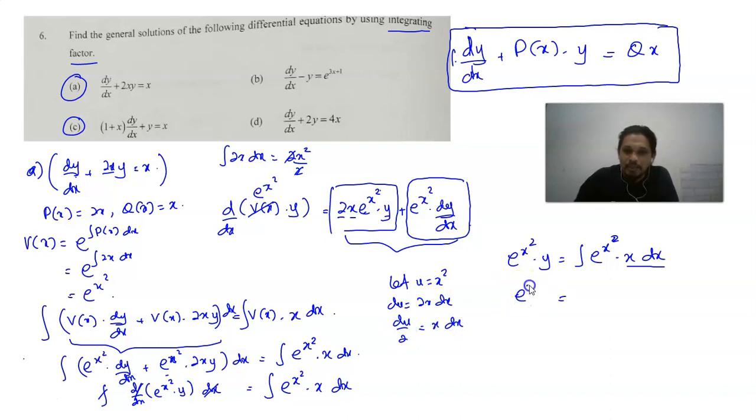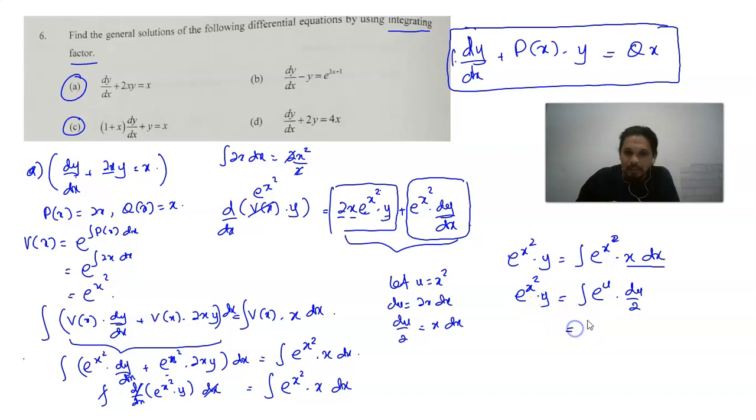So e^(x squared) times y equals the integral of e^u, and x dx equals du over 2. Okay, now what about this?